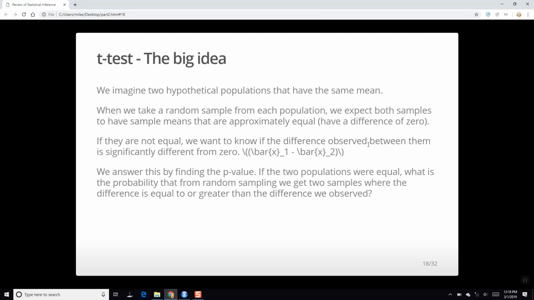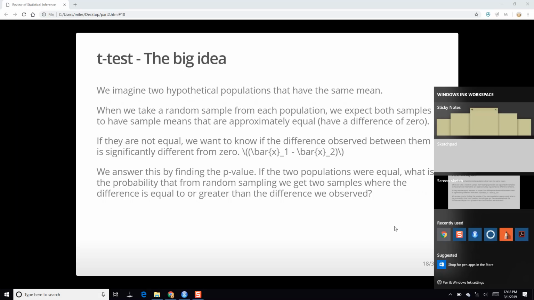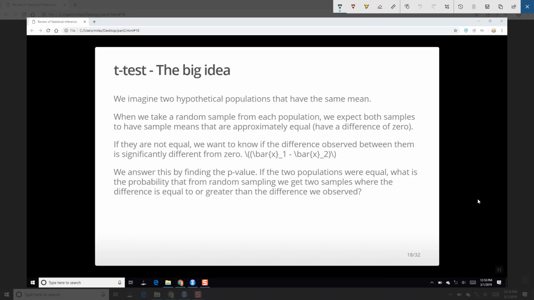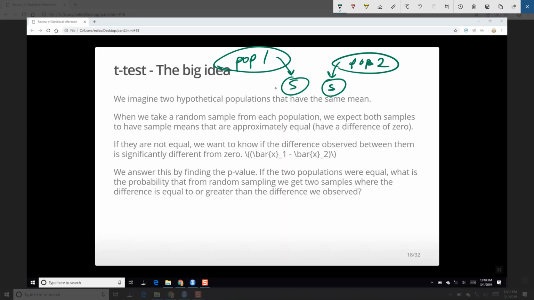If the two populations are equal, and we draw our samples, where one produces X bar 1 and the other produces X bar 2, we would expect X bar 1 minus X bar 2 to be close to 0.